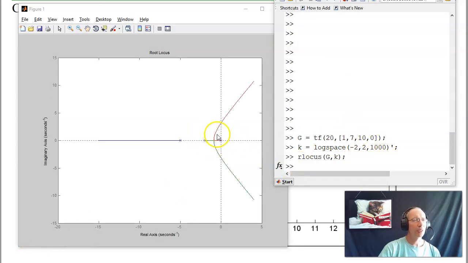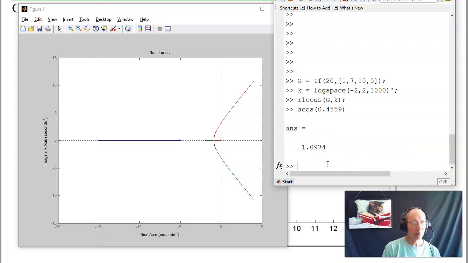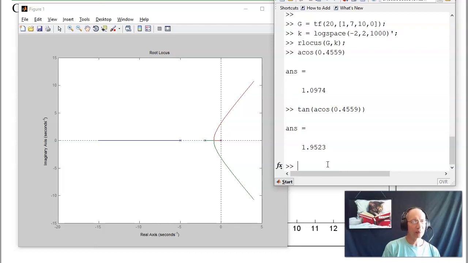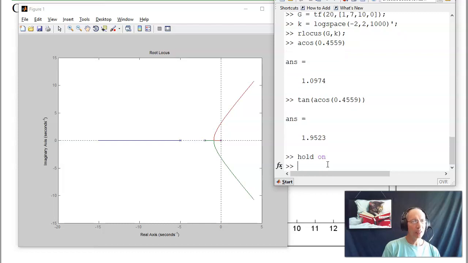Okay, so there I've got the root locus. I want to find out what point has a damping ratio of 0.4559. To do that, let's find the tangent. That's the angle, 1.09 radians. The tangent tells me rise over run. I'm going to hold that plot.